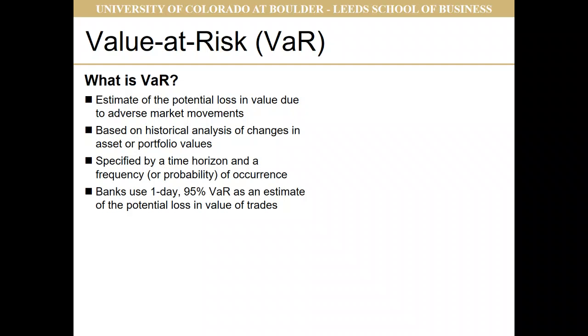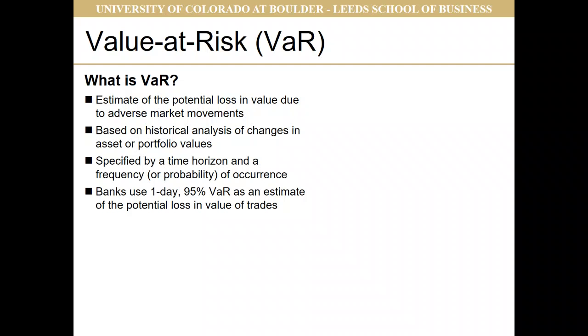Could be positive, could be negative, but less than $1 million. 5% of the time, we lose more than $1 million. We could change that time horizon. Instead of 1 day, we could use a week, 5 days or 7 days, 5 business days, for example. And we would expect that the 5-day 95th percentile VaR will be larger than the 1 day 95th percentile VaR.